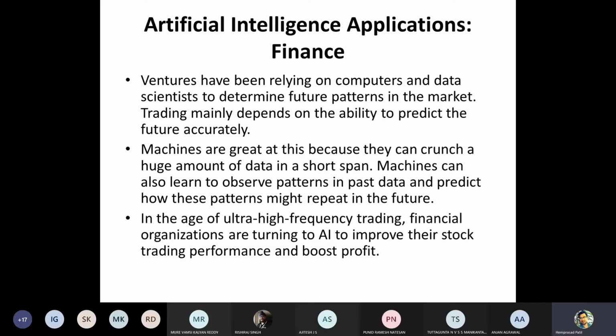Okay, so in finance, the direct application is prediction. Ventures have been relying on computers and data scientists to determine future patterns in the market. So if you know the stock market, the price of a stock or share varies. And no one can predict exactly what the price of a certain stock will be tomorrow.